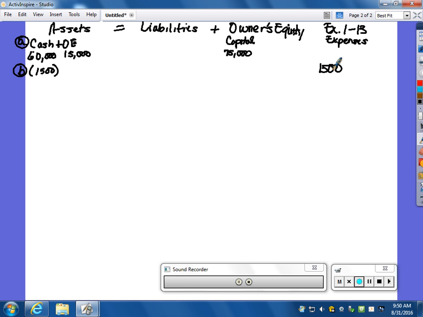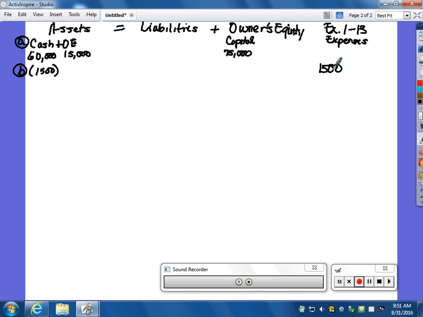Letter C, the company purchased $10,000 of additional equipment on credit. Payment due within 30 days. Now, what is useless about that problem? That's irrelevant information, right? Because all you care about is what they purchased for it. So what increases, what decreases?